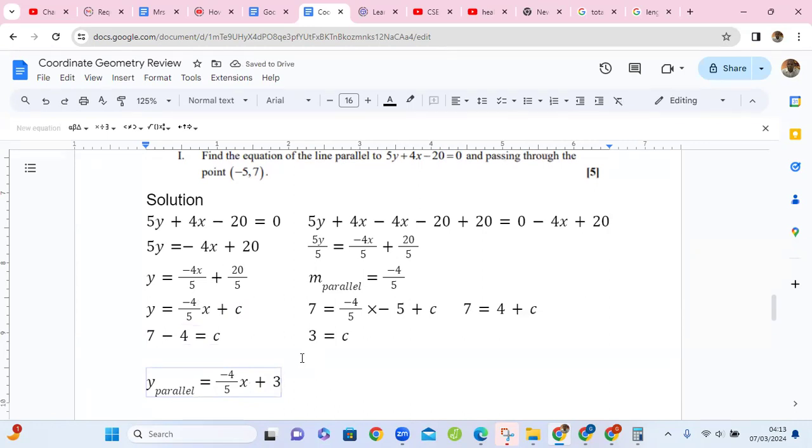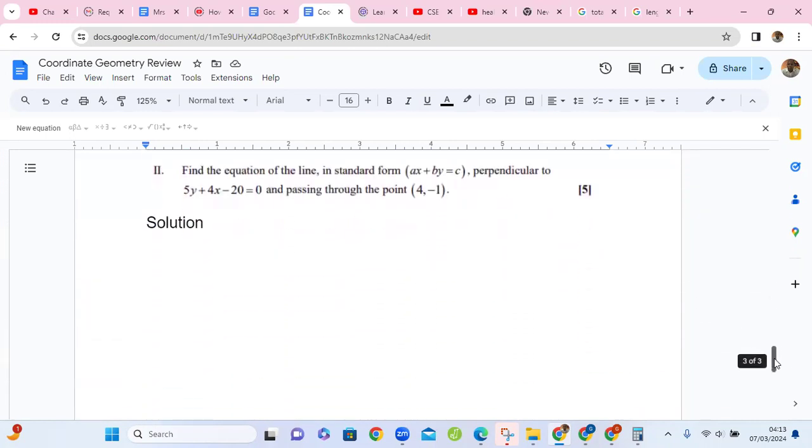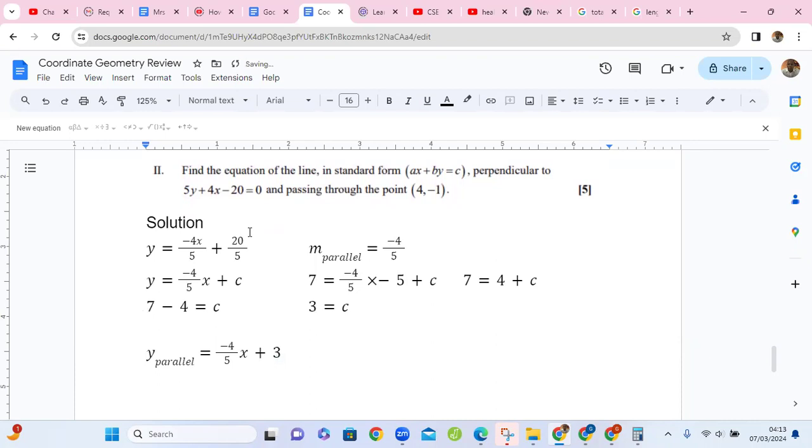Now the second part is very similar. We have already rearranged the equation of the first line so that we can get the gradient. But here it says that the new line is perpendicular. So it's not parallel anymore, it's perpendicular.